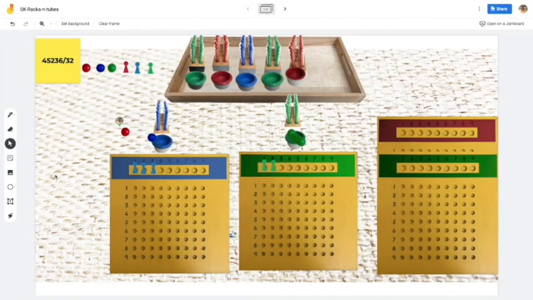So we put the 10 bead into the ball and we change the 100 bead to 10 tens. And put it into the tens ball.